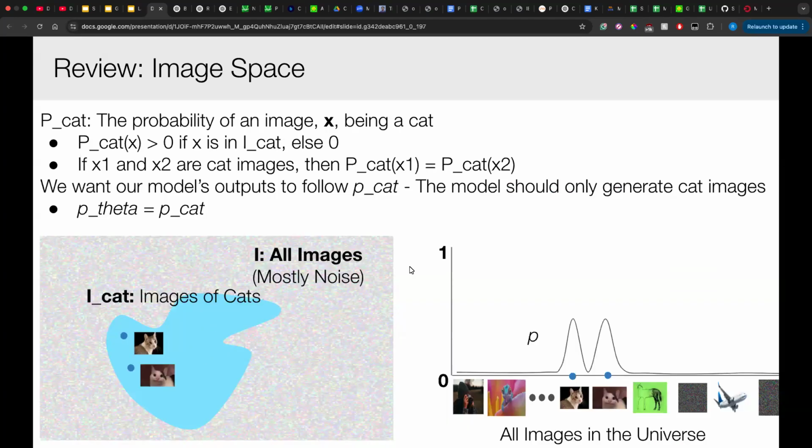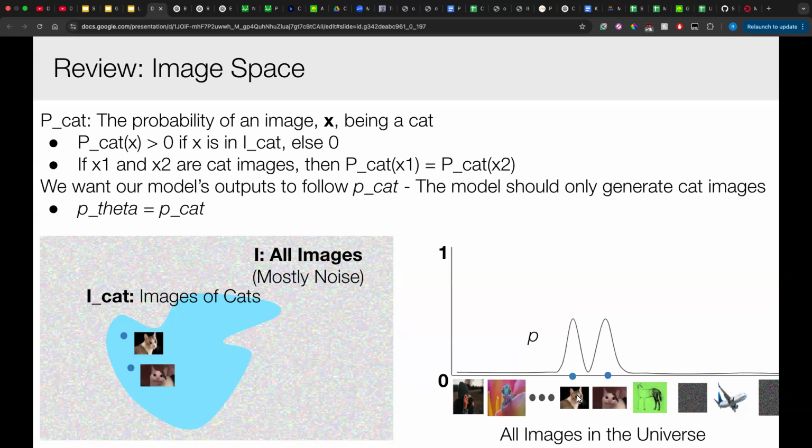Again, it's very difficult to work with or even conceptualize these high dimensional spaces. So we oftentimes represent them with probability distributions, where we have a positive probability at any image. The x-axis is all conceivable images. We have a positive value at any image we would want our model to generate.